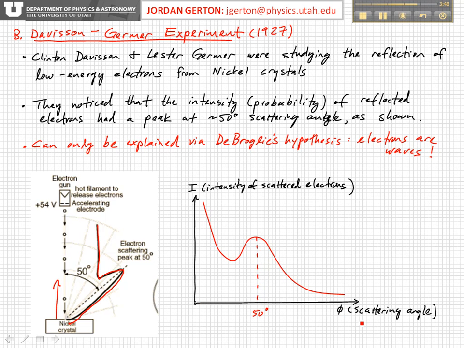Again, they see something which peaks up, which is the most probable thing to happen, that the electrons just reflect back, but they also saw this peak at 50 degrees. Okay, so that's what they observed, and this observation, as we'll see, can only be explained if de Broglie's hypothesis is true, namely that electrons can be considered as waves.